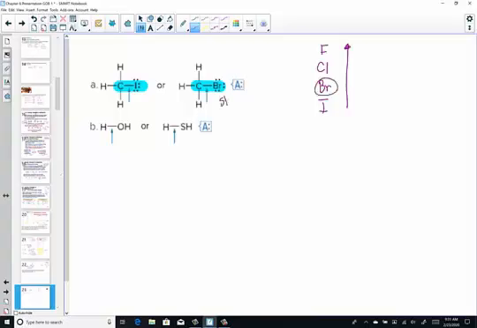So this is the stronger bond. Bromine is more electronegative than iodine. It's a smaller atom, therefore it's a stronger bond. That means it has a higher bond dissociation energy. Can I write BDE, bond dissociation energy?